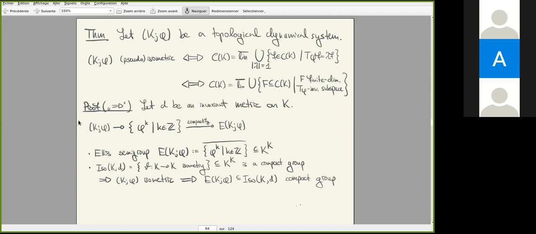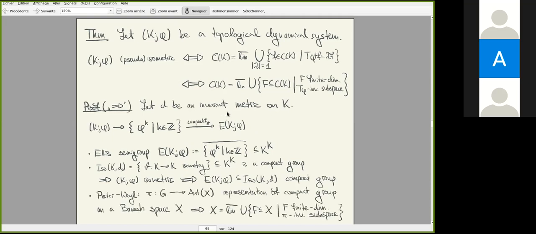Thus, we started with our isometric system, and we performed some kind of topological closure, and now we have this additional algebraic and analytic structure of a compact topological group, the enveloping group. How does this help us? Well, compact topological group, finite dimensional invariant subspaces, this smells like Peter-Weyl.